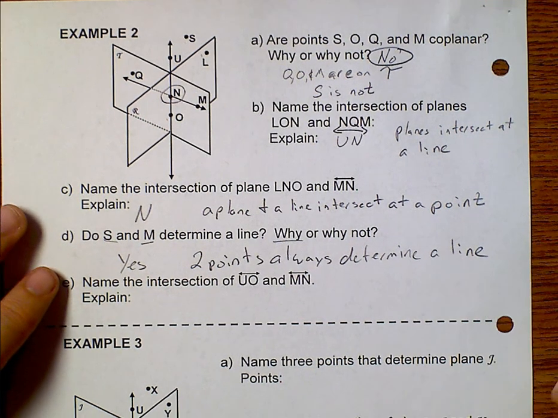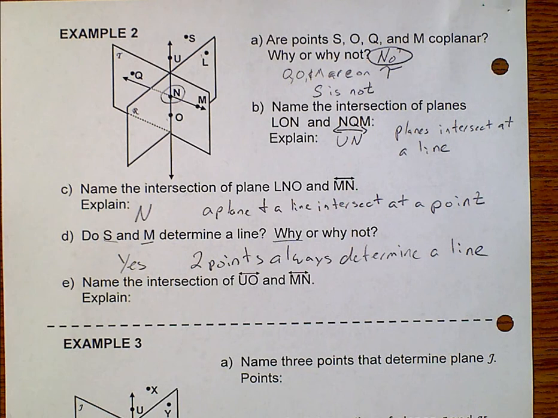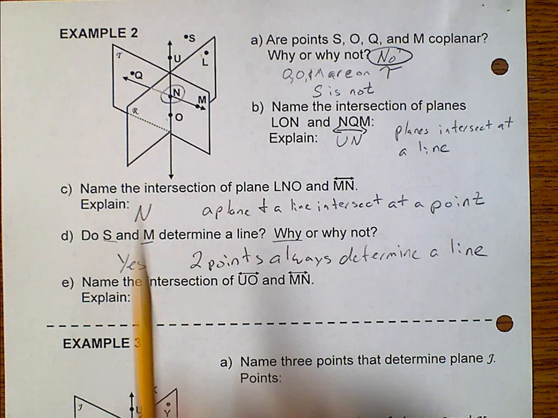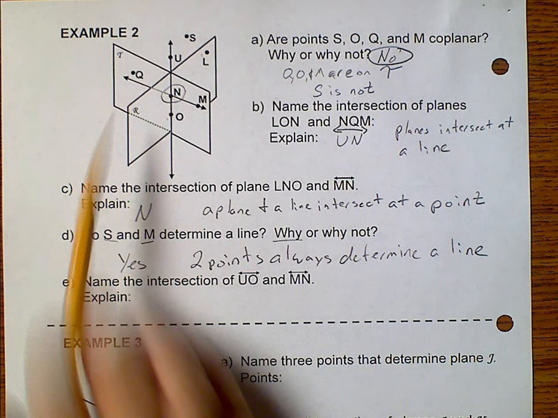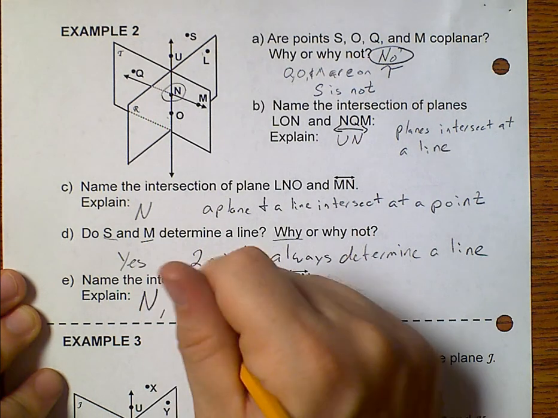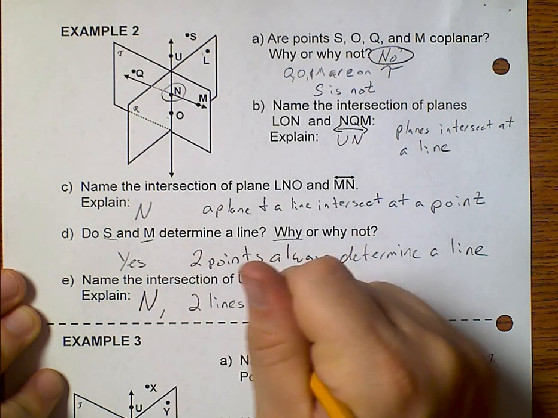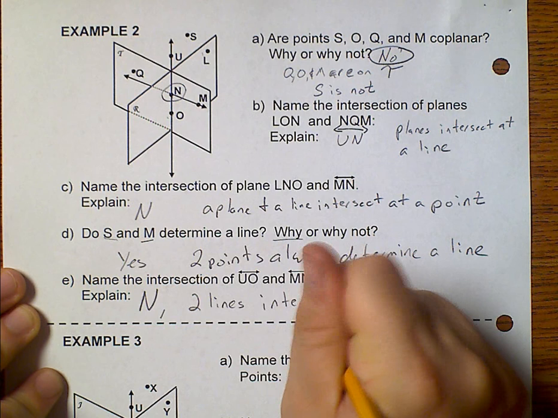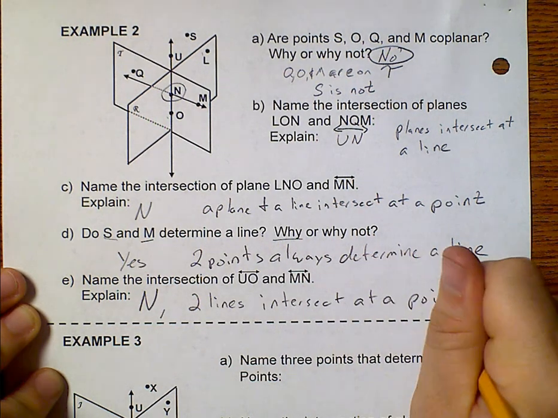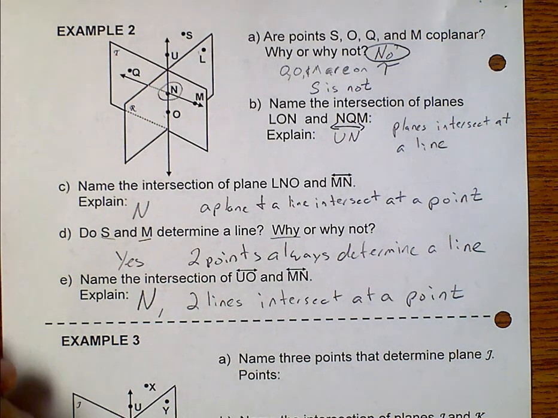And now for E. Name the intersection of UO, that would be this line, and MN would be that line, and that would be N. And the explanation is 2 lines intersect at a point. Just reviewing the vocabulary from the other page.